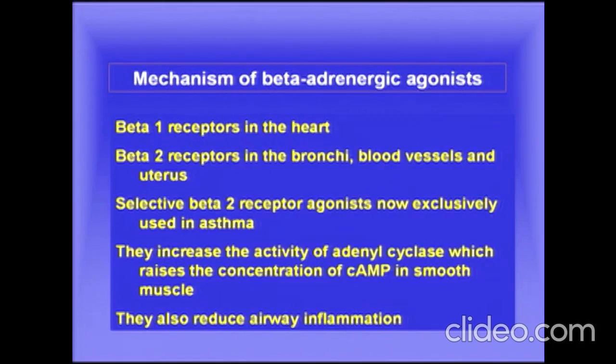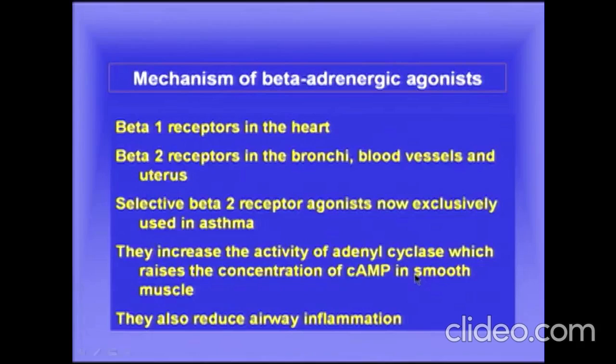And stimulation of these beta-2 receptors results in the relaxation of smooth muscle. Now, I can remember when asthma was treated by drugs that were both beta-1 and beta-2 receptor agonists, but this has changed now, and only selective beta-2 receptor agonists are exclusively used now in asthma.